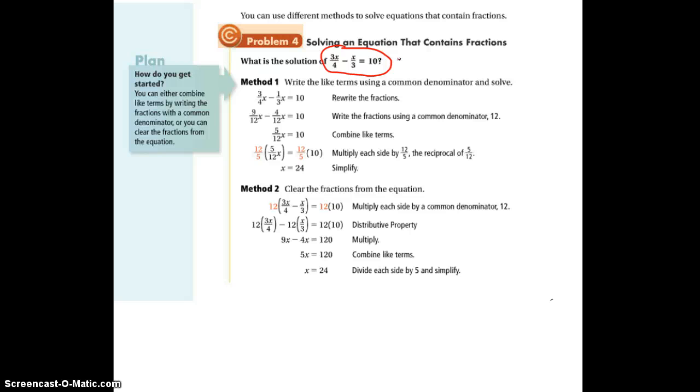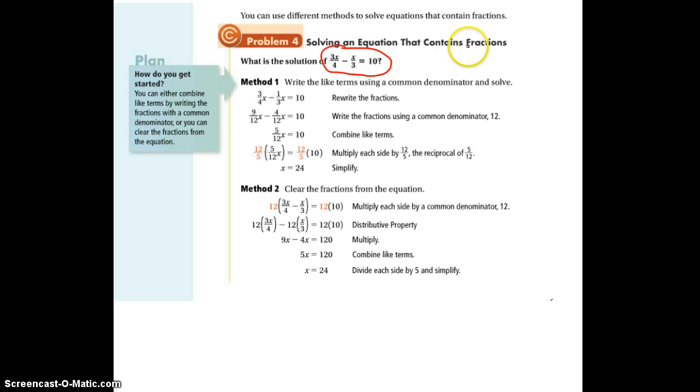So if I was trying to get rid of the fractions in this problem, we would want to focus on multiplying everything by the common denominator. Take a look at your denominators and figure out what the common denominator is.